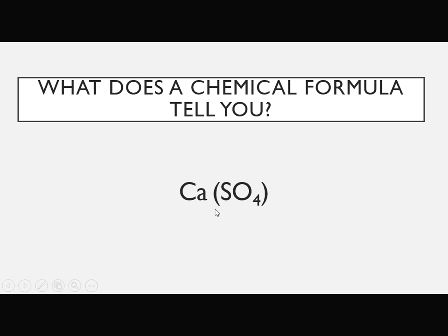So those parentheses are incorrect. If it were me and you did this on a quiz, I would probably just scribble out the parentheses and say, hey, you don't need those. If it's WebAssign, they will count you wrong. They will count it wrong. So do not use parentheses if we don't need them.